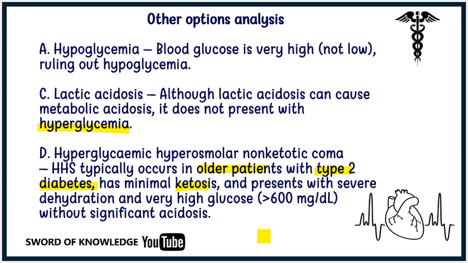So it has less acidity as compared to DKA and presents with severe dehydration and very high glucose, more than 600 mg, without significant acidosis. So remember, whenever you have an older patient who is type 2 diabetic, with normal or very little change in acidity, and he has dehydration and very high glucose, this suggests HHS, or hyperglycemic hyperosmolar non-ketotic coma. In this way you can differentiate between them.